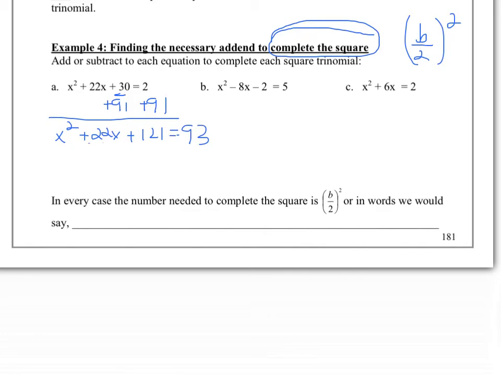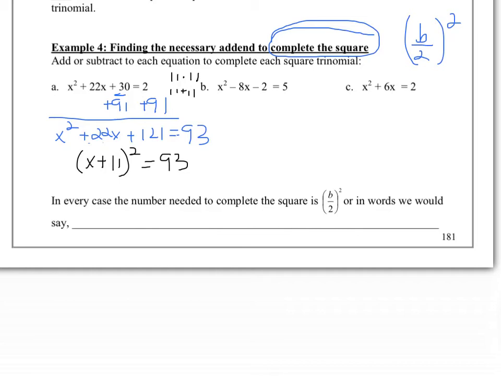This 121 is what I wanted in order for it to become a perfect square. Now I know that 11 times 11 is 121, and 11 plus 11 is 22. So now I have my perfect square trinomial: x plus 11 squared is equal to 93. From this point, we were able to add 91 to both sides in order to complete the square so we can solve it and factor.